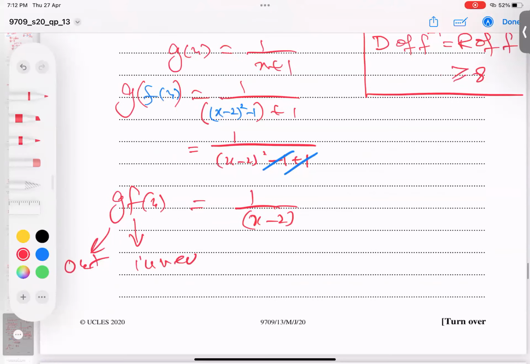The range of the inner function is equal to the domain of the outer function. This is a basic rule we have. This is the inner and this is called the outer. This is a basic technique we have.